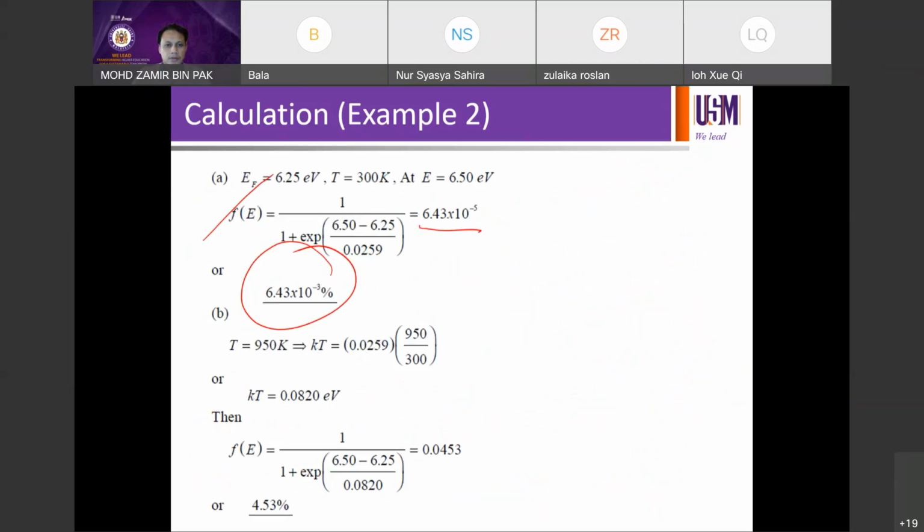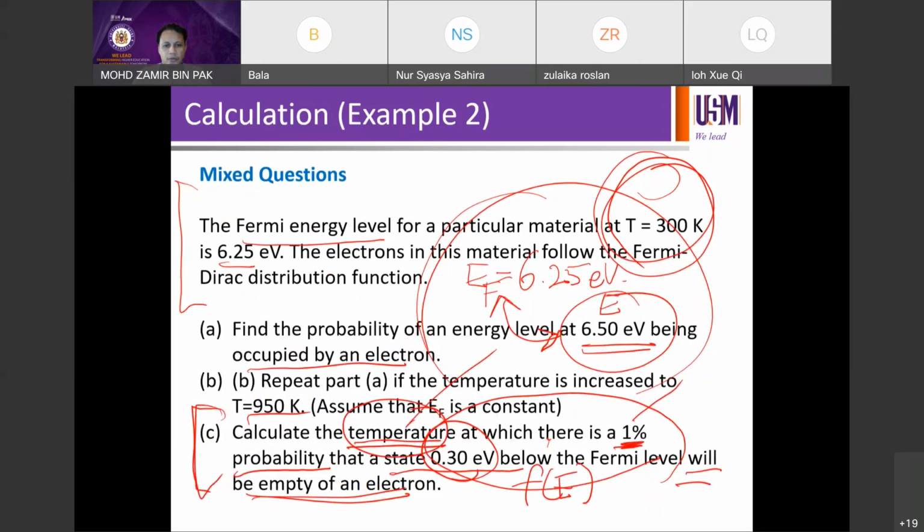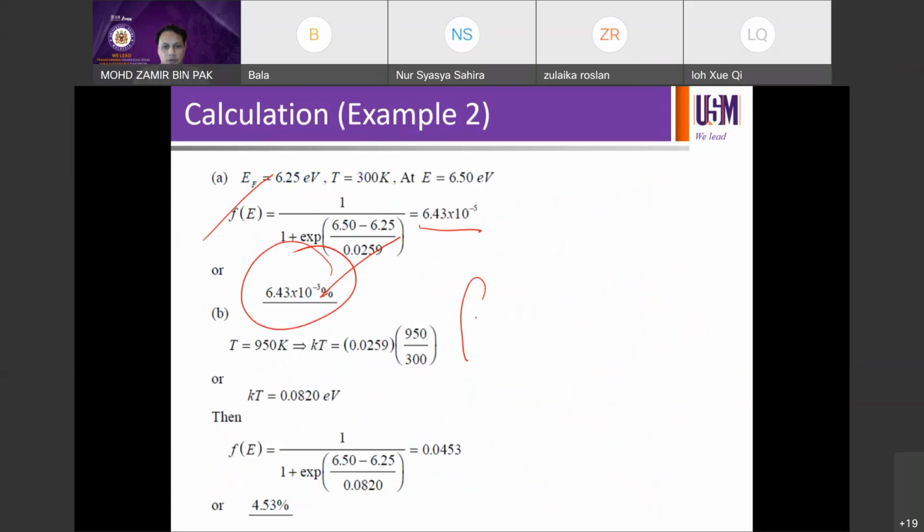Okay, so the first one is very, very straightforward. The second one is not that straightforward because you have to ratio the temperature. Because if you see your equation, 1 plus exponential of E minus EF over KT.